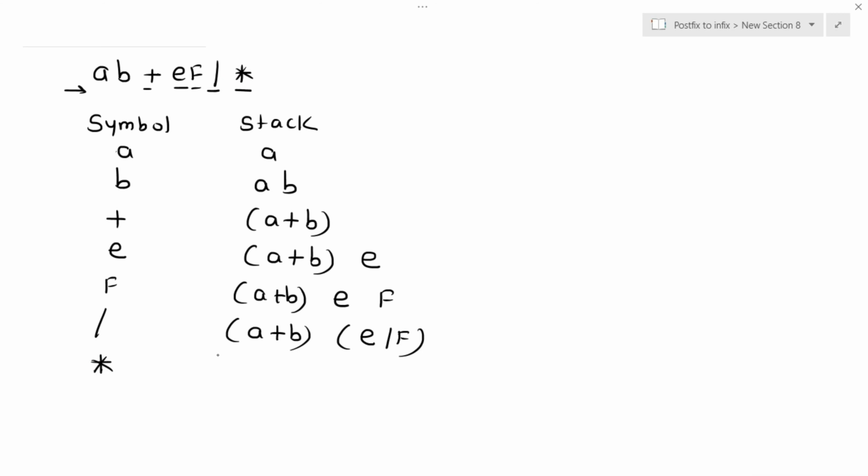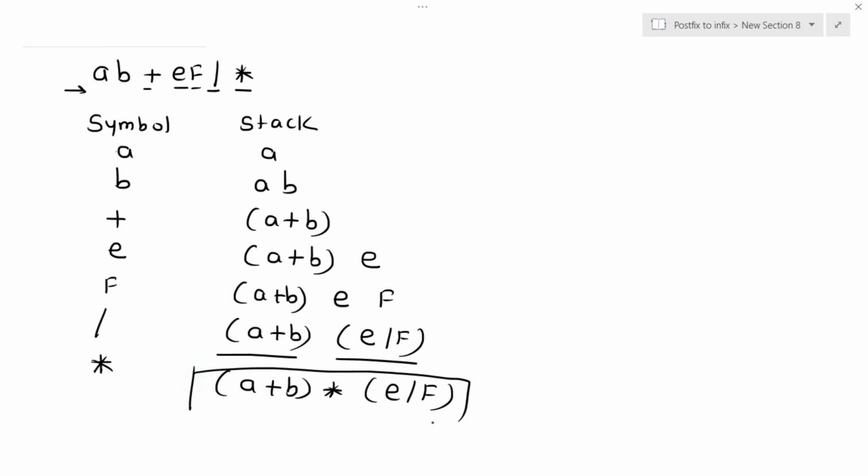Now we have two operands: A plus B and E divided by F. So our expression is A plus B multiplied by E divided by F. So this is our final infix expression.